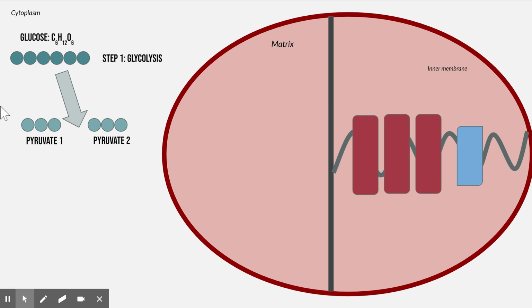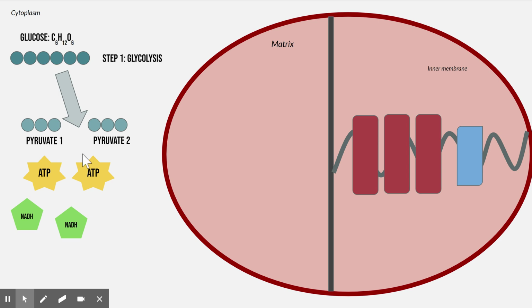Pyruvate. Pyruvates each have 3 carbons. So basically what happens during glycolysis is glucose gets cut in half to make 2 3-carbon molecules, pyruvate 1 and pyruvate 2. Additionally, it creates 2 ATP molecules and 2 NADH molecules.